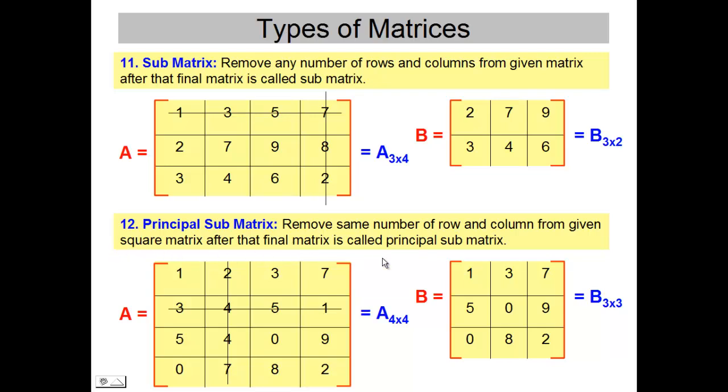After that you can remove the same number of rows and columns. Here we remove the second column, so we also remove the second row. The new matrix after that is B, with these elements, a 3 by 3 matrix. This is an example of a principal submatrix.